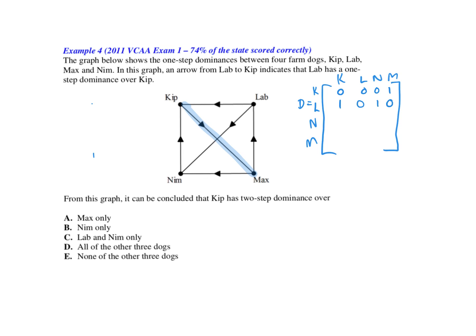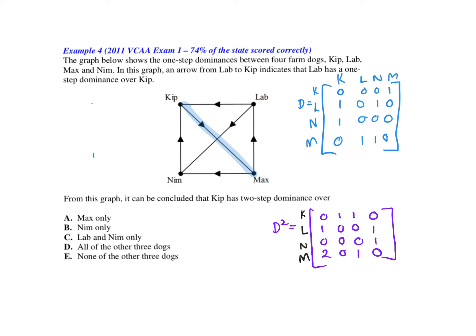Nim can beat Kip only. And Max can beat Lab and Nim, and that was it. Okay, so we've got to pop that one in and we're going to have to square it. So D squared will equal, so we'll do that on our calculator.